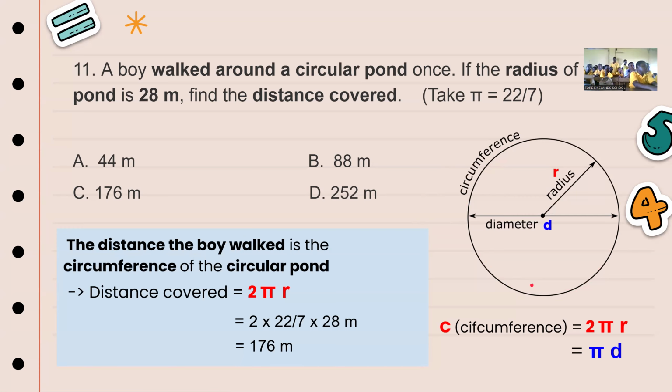So when we want to find the distance the boy walked around the pond, then we're finding the circumference. And can you solve for 2 pi r when pi is 22 over 7? Then it is 2 times 22 over 7 times 28, which is 176 meters.